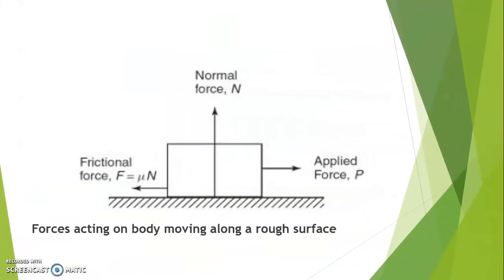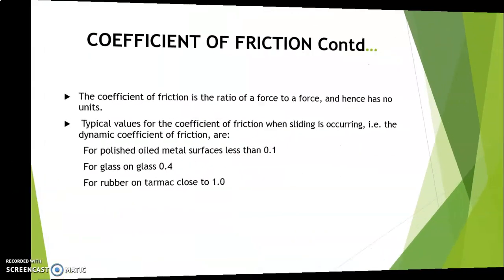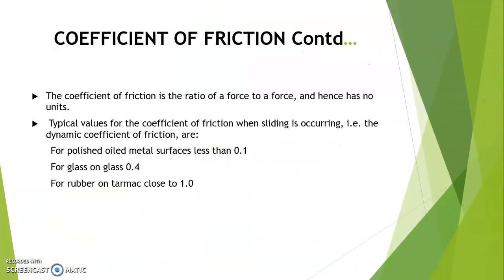So this is the same diagram, but now including the value for the friction force as a product of the coefficient of friction and the normal force, giving us the value for the friction force. Different surfaces will have different values of this coefficient as indicated there.